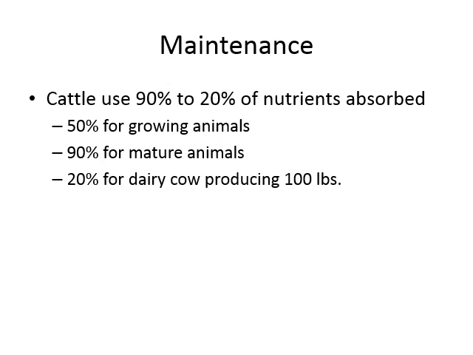When we think about maintenance, we've got a range of the percentage of the nutrients that are absorbed that go to this function. So cattle will use 90 to 20% of their nutrients absorbed for maintenance. If we're thinking about what a growing animal eats, about 50% of what she eats is going to go toward maintenance, the other toward growing.